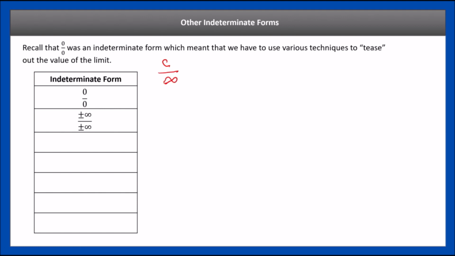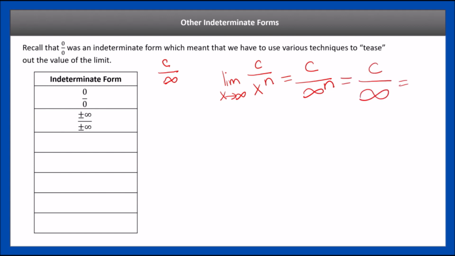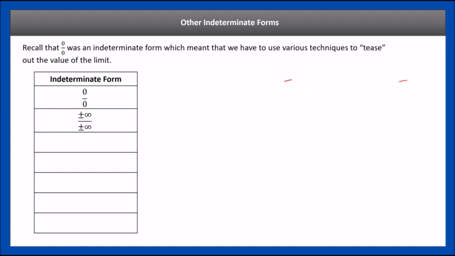So a constant over infinity is actually not indeterminate, as mentioned in the previous example: if we have a constant over x to a positive power, and we take the limit as x approaches infinity, well, if you plug infinity in there, infinity to a positive power is infinity, so we get c over infinity, which is just 0. So we know that a constant over infinity is not indeterminate. It actually is a value that we can determine. But infinity over infinity is definitely indeterminate, whether it's positive or negative infinity.